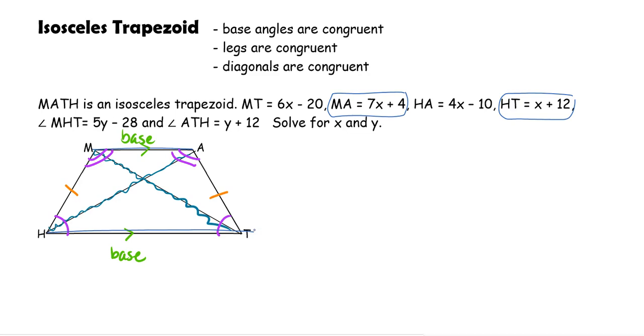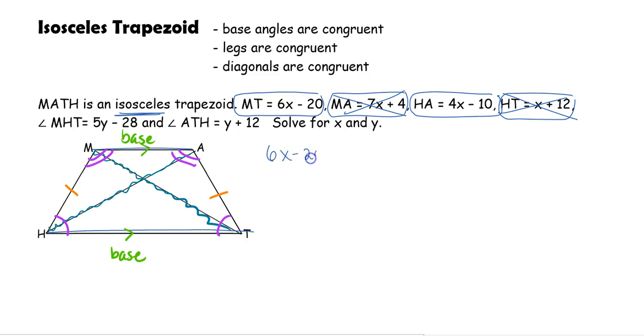We know about the median, but we don't have a median here, which means this information is completely useless to us right now. What I do know is that my diagonals are congruent. MT is a diagonal and HA is a diagonal. And because it's an isosceles trapezoid, the diagonals are congruent. If it's not isosceles, then the diagonals are not congruent.